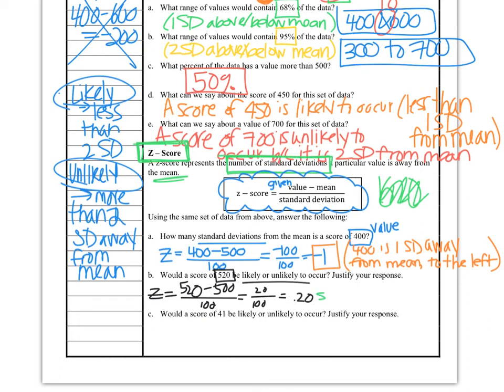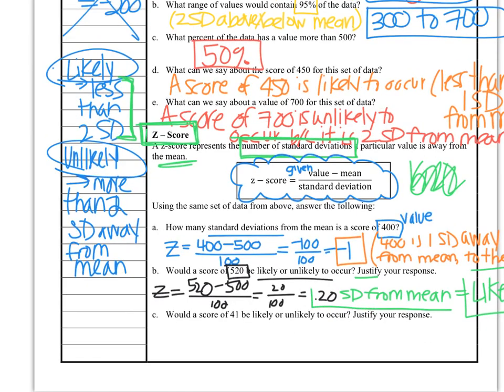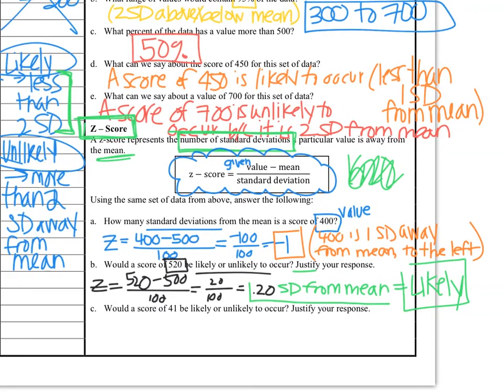So this is 0.20 standard deviations from the mean. Remember your kicker here. If it's less than 2 standard deviations from the mean, which 0.20 is, less than 2, then this is likely to occur. Justify your response just means show your math. And we just did that. So 0.2 standard deviations from the mean means that it will be likely to occur because it's less than that 2 standard deviations that we're looking for.